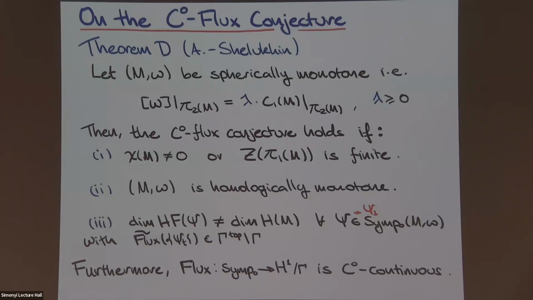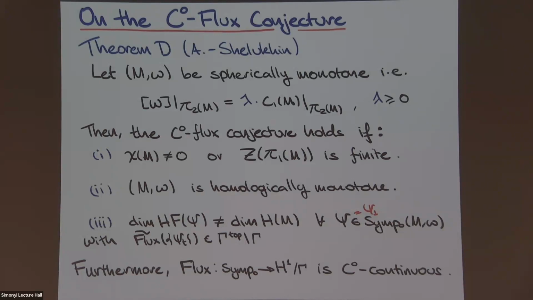And there is this slightly more technical condition here, which basically we just have it because we can find an example of a symplectic mapping torus which satisfies the third condition, but for which the topological flux group is different from the usual flux group. So it's basically showing that there is an example that's provably not covered by the previous work, but it's covered by this current theorem.